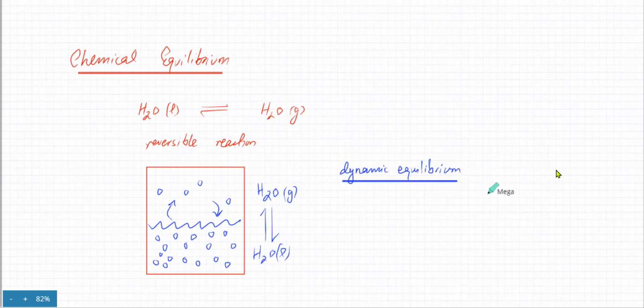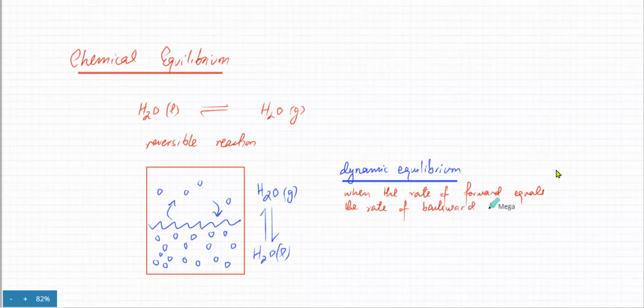So a dynamic equilibrium is when the rate of forward reaction equals the rate of backward reaction in a reversible reaction. And this happens in closed systems.